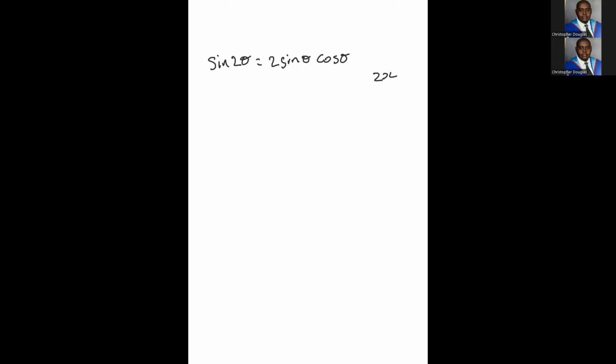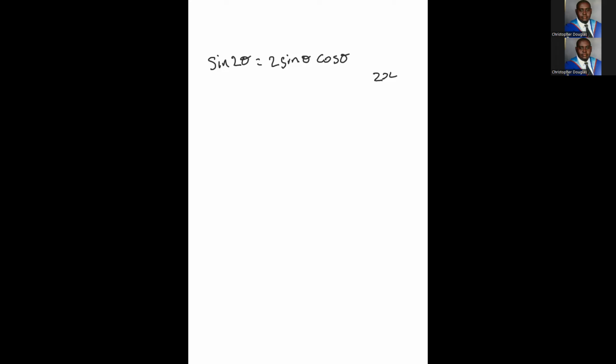Is that 2 times x? Well, 2 times x, fine. But what other way could I have gotten 2x? I could have gotten it by adding x plus x. Remember, 1x plus 1x gives you 2x, right? So theta plus theta must give me 2 theta.